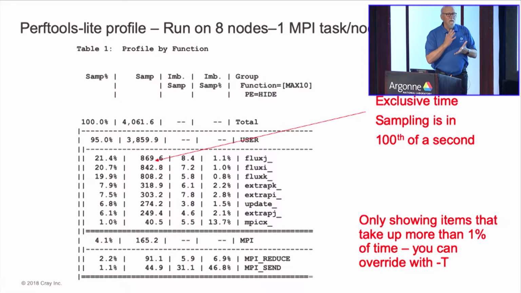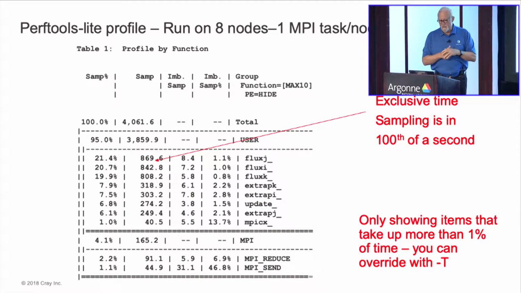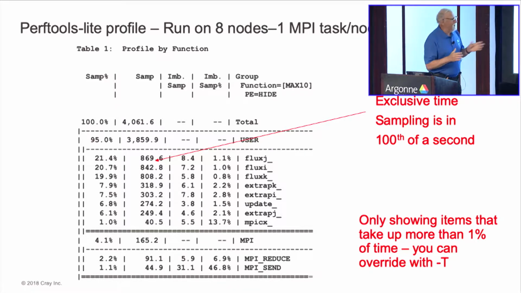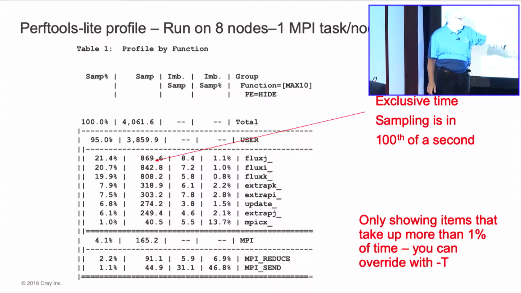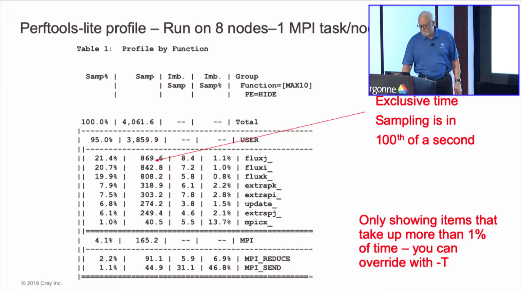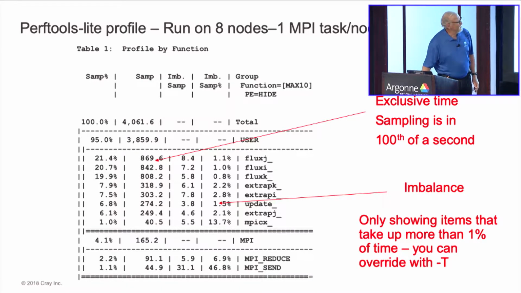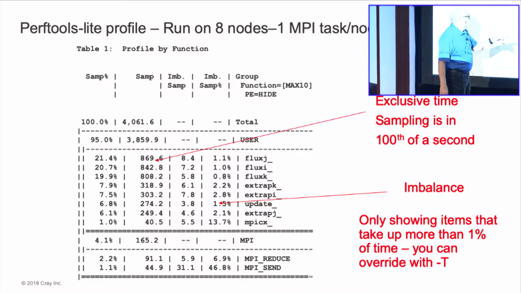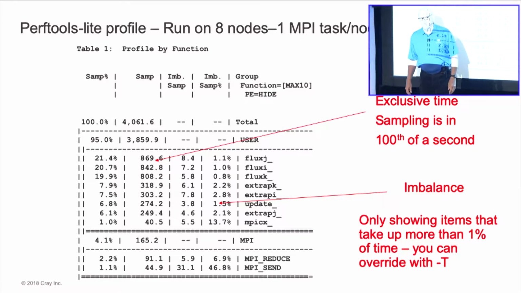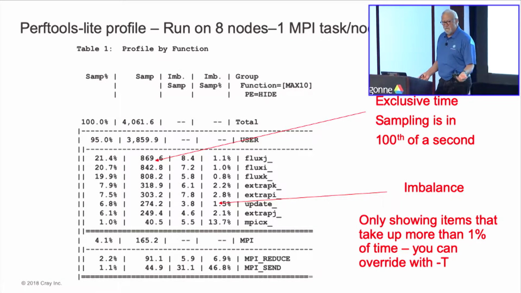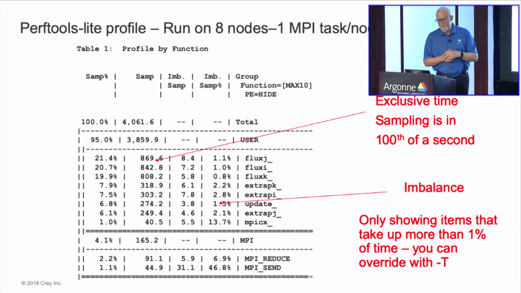Now this is only showing you routines that use more than 1% of the time. If you want them all, you can override it with a -T on the pat_report, which I'll show you. It also gives you imbalance. This is extremely important when you're running large numbers of MPI tasks. You can narrow down to which MPI tasks are causing the imbalance.